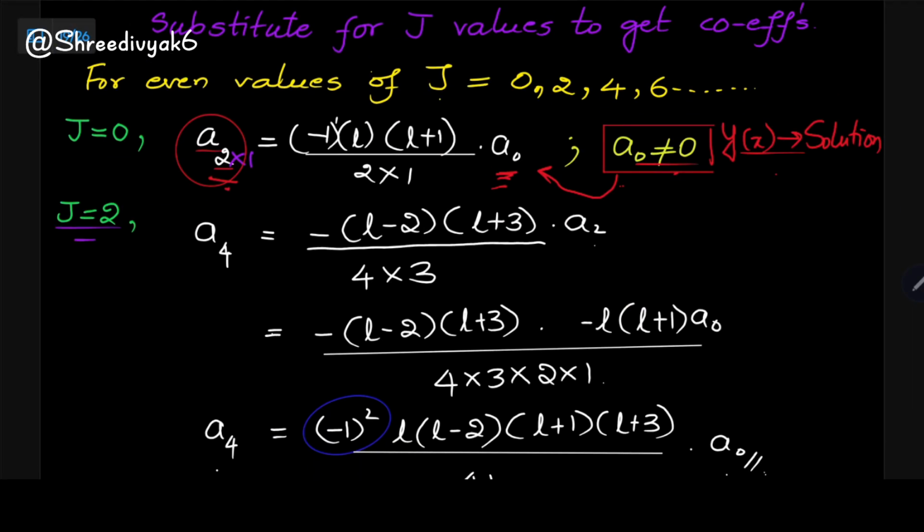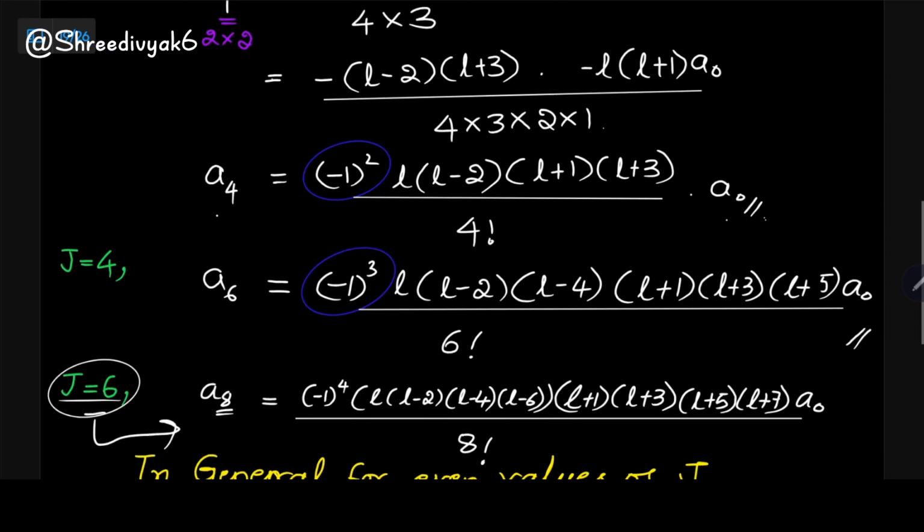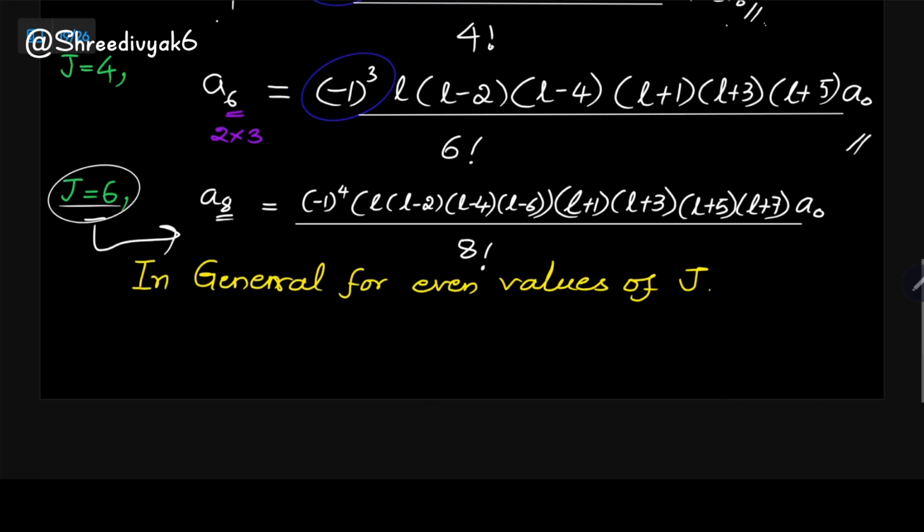For j is equal to 2, you had a4, right? So for a4, I can write 4 as 2 into 2. Similarly, a6, I can write 2 into 3. For a8, I can write 2 into 4.